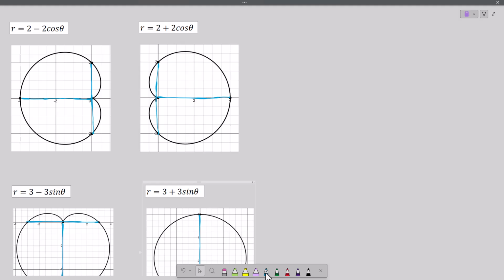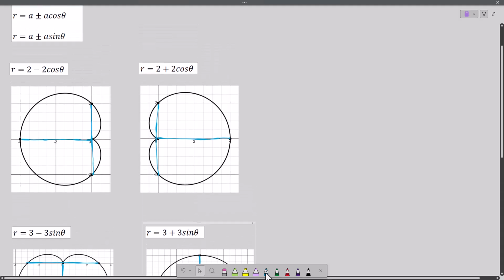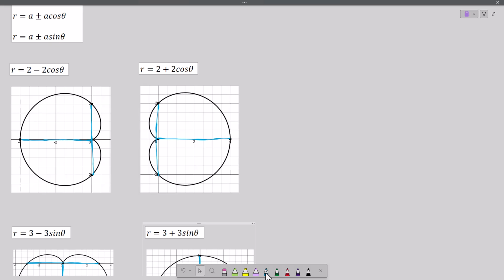Cardioid. All right, so with this rotating ray approach, we get these 4 points. I'm thinking in my head, first start at 0. 0 radians is right here, and we plug in 0 here. Cosine of 0 is 1. 2 minus 2 is 0. So that point right there is coming from theta equals 0.